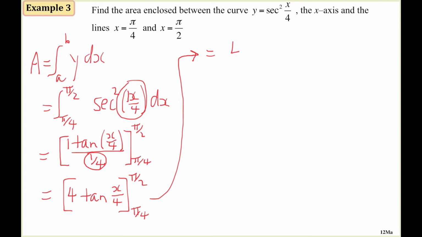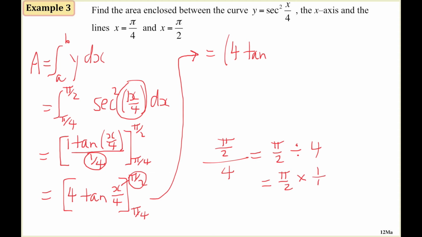Well, that becomes 4 tan, pi on 2 gets plugged into x, so it becomes pi on 2 all over 4, which is the same as pi on 2 times a quarter, which is pi on 8.